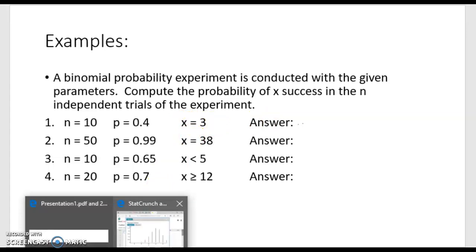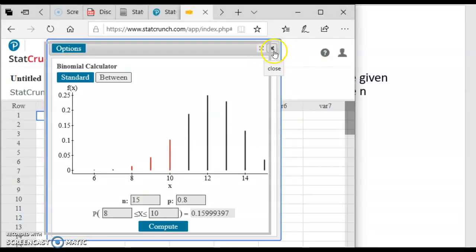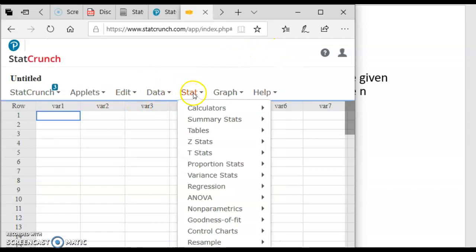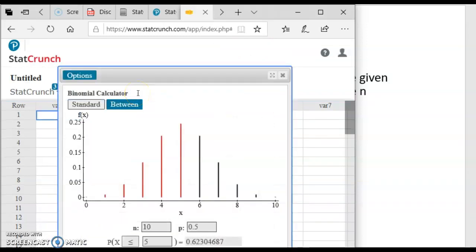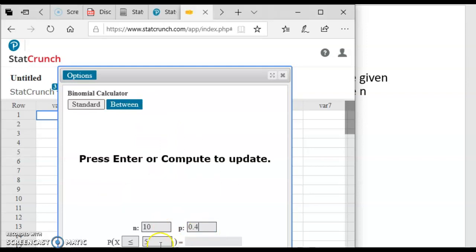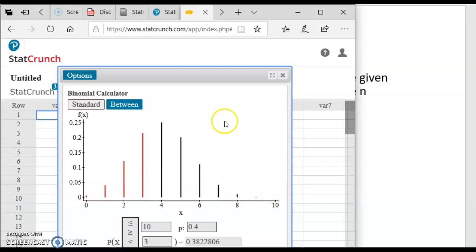So we're going to open up StatCrunch. We're going to go Stat, Calculators, and Binomial. Let's type in the information we have. We know N is 10, the probability of success is 0.4, and we're looking for X to be equal to 3. There's a drop-down menu, and my equals ends up being the last one.